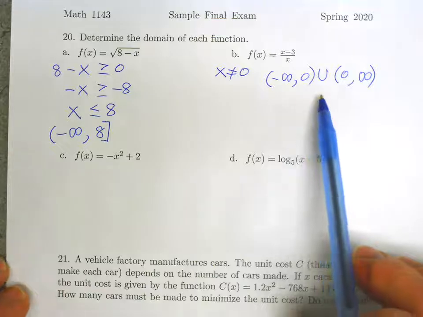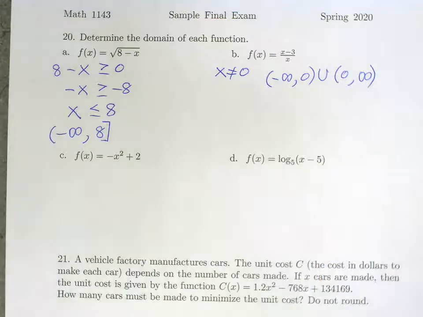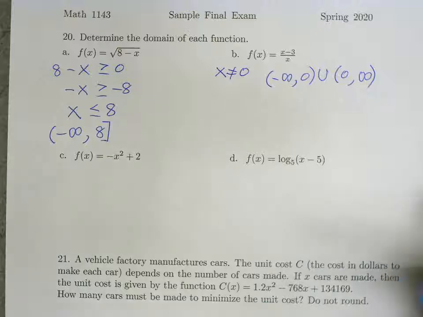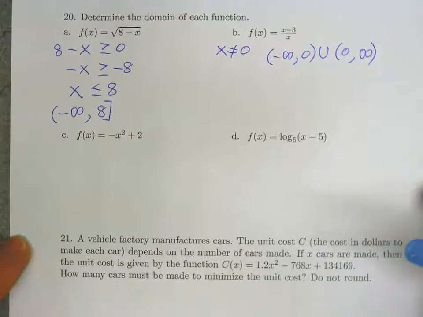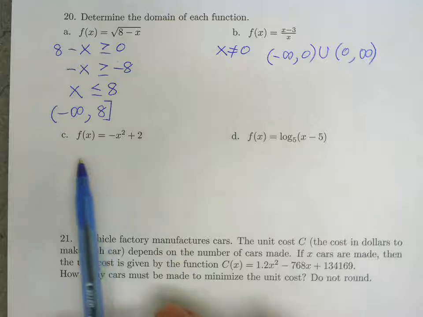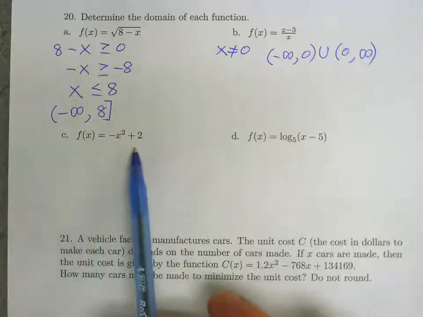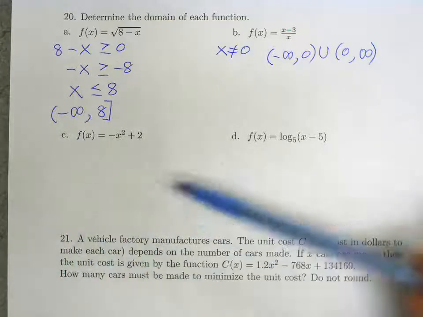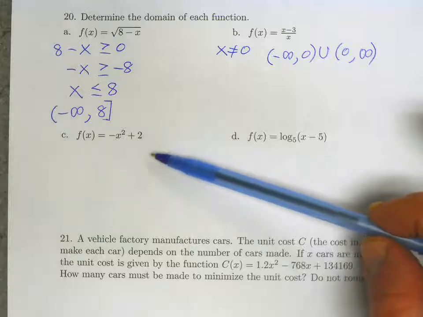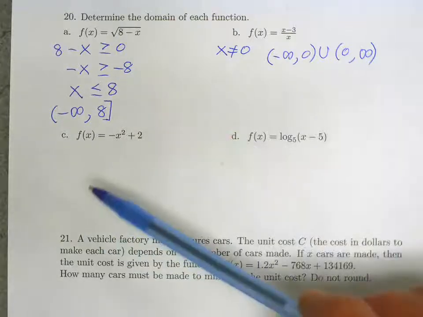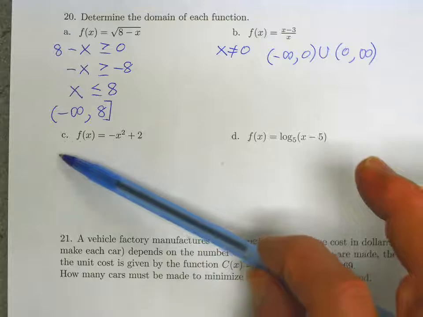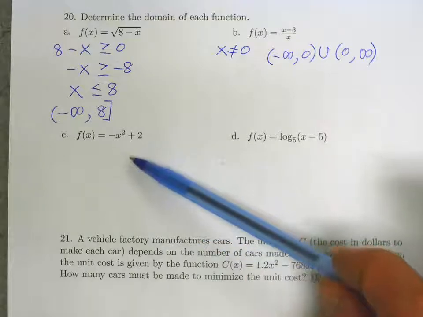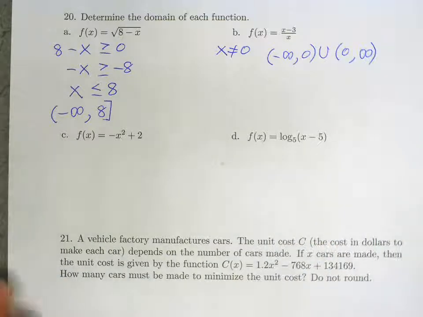There's only one real number that's not in the domain. Part C, we have a quadratic function. Well, it's just a degree 2 polynomial function. So for a polynomial function, the domain is always the set of all real numbers.